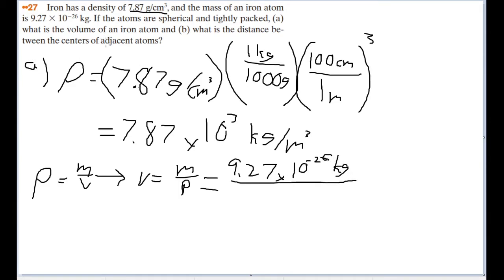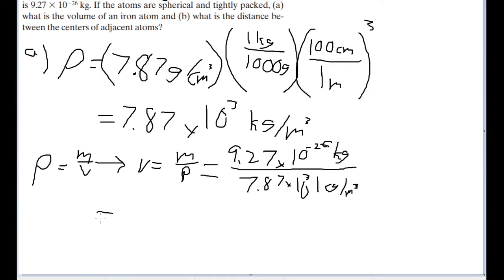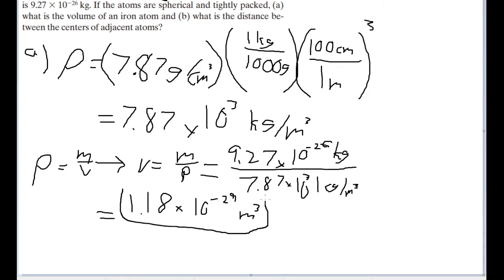And the density, as we rewrote it, is 7.87 times 10 to the third power kilograms per cubic meter. So plugging this into our calculator, the volume we get is 1.18 times 10 to the negative 29th power cubic meters. And that is our answer for part A.